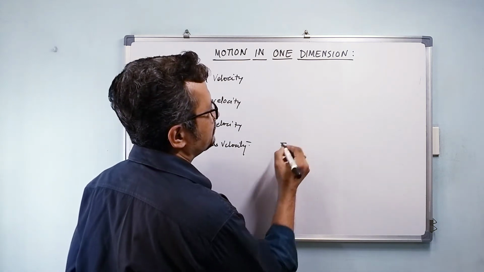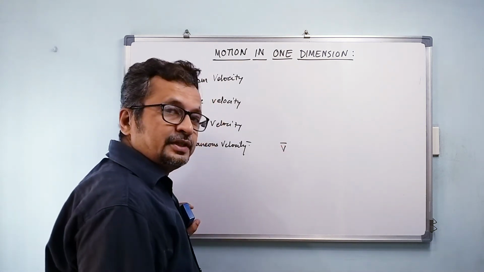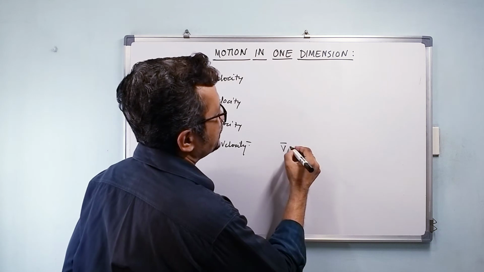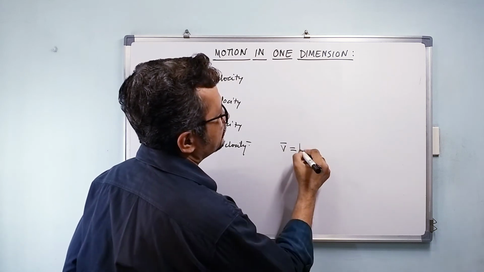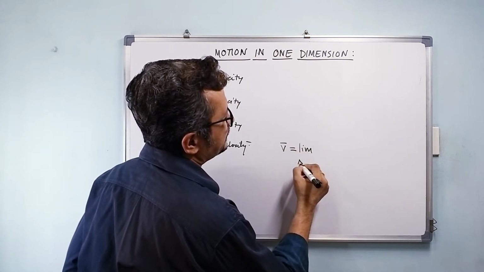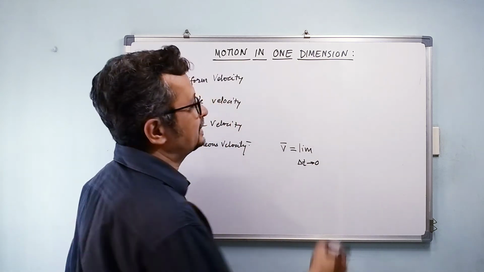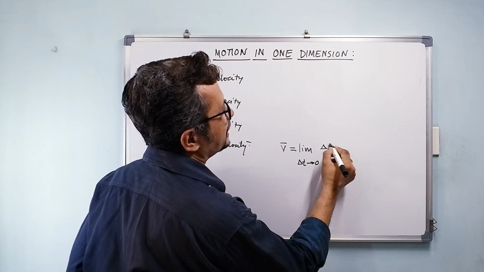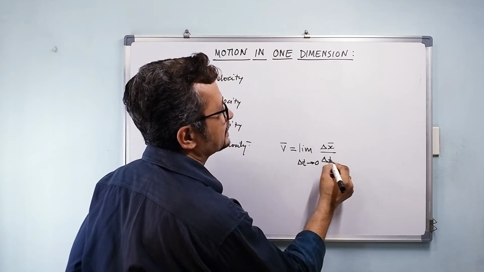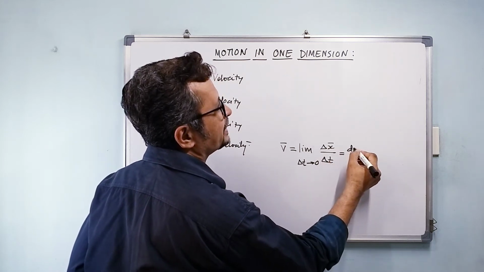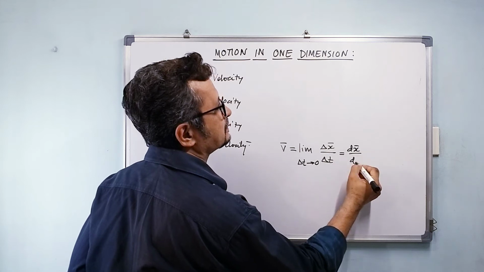Now here it is velocity, and since velocity is a vector quantity, I am going to write it like this. So v is equal to the limit as delta t tends to 0 of delta x bar by delta t, and it is also denoted by dx bar by dt.